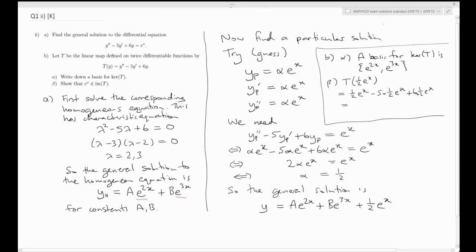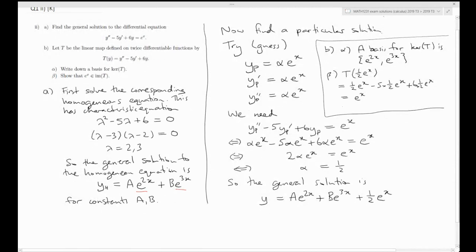And this should be, if we've done everything right, e to the x. So we've shown that there is something in the domain of T that gives us e to the x. So that's a complete answer here. So e to the x is in the image of T, because we've found something that you can put into T, and it gives you back e to the x.